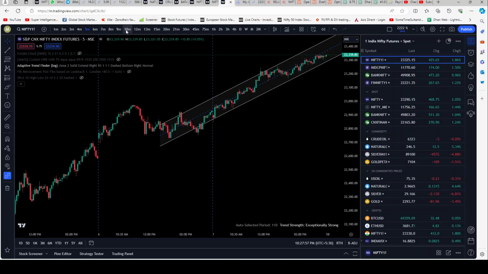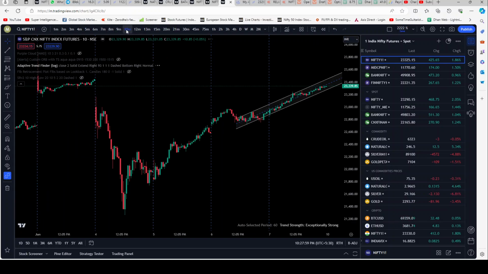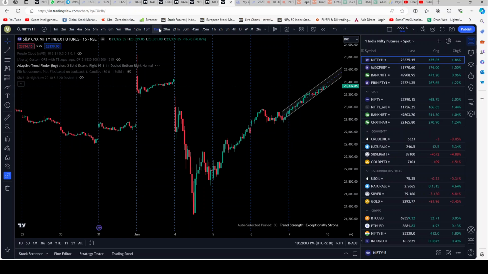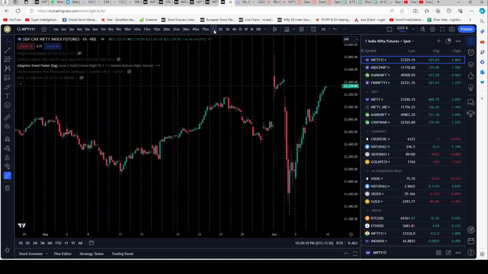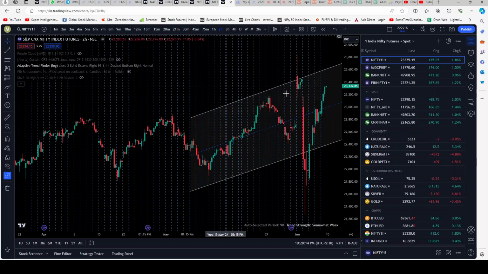When we move to 10 minutes, it's an uptrend. When we move to 15 minutes, you can see that it's an uptrend. 30 minutes, it's an uptrend. 1 hour, again it's an uptrend. 2 hours, again you can see there's a broader uptrend. You see the chart has changed, but the focus is again uptrend.